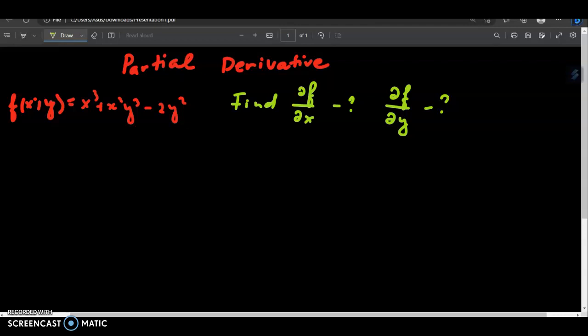So first of all, let's get started with finding ∂f/∂x. We should take the derivative with respect to x, and we should take y as a constant. All right. So ∂f/∂x: every term we're going to differentiate separately.